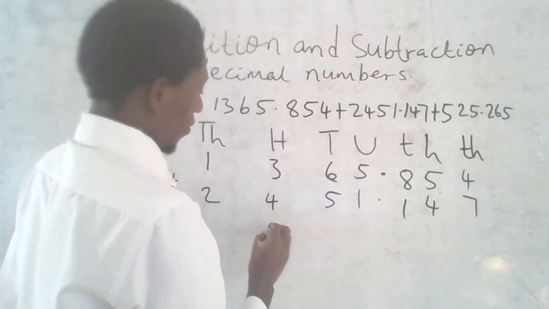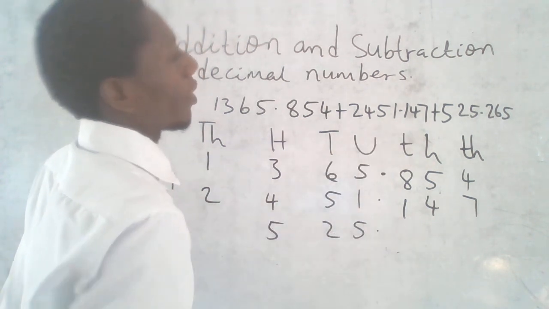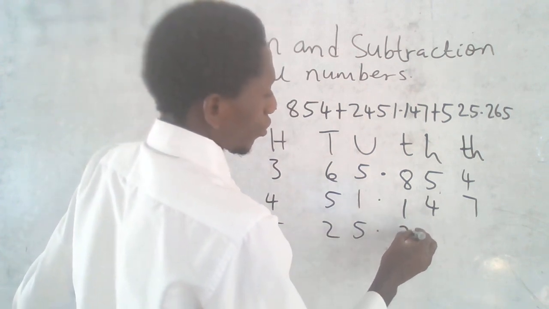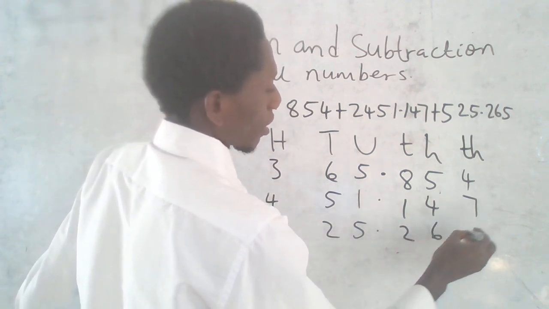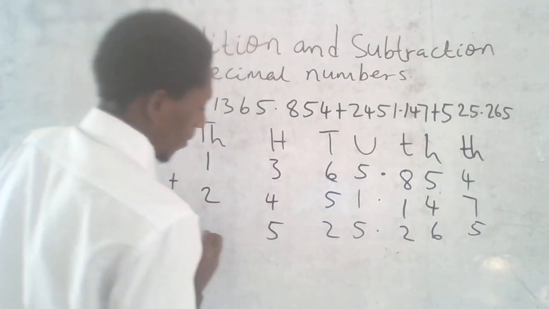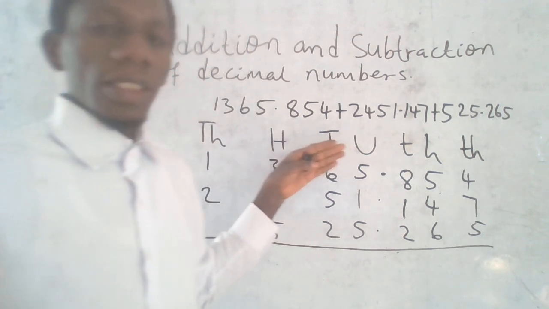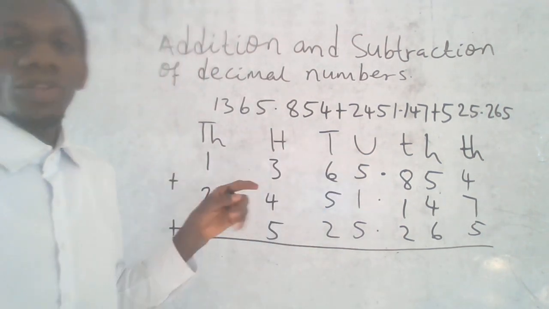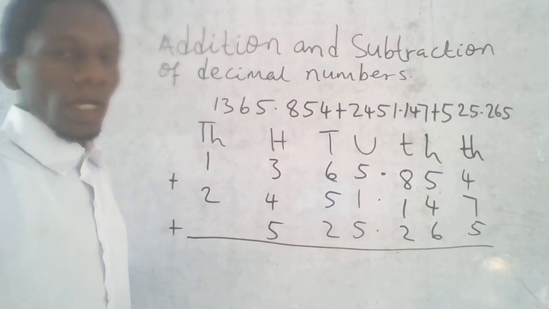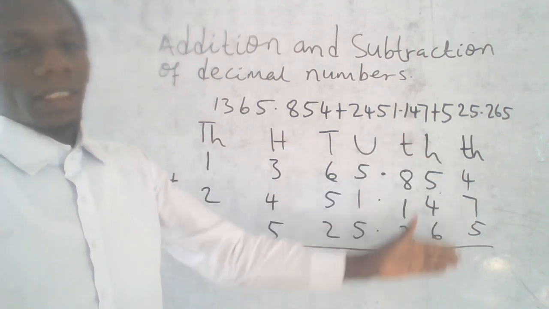This is 525, then 0.265. All right, now we are going to add. You can see that we arranged these numbers like in normal addition. Okay, so now we are going to see how we can add them.